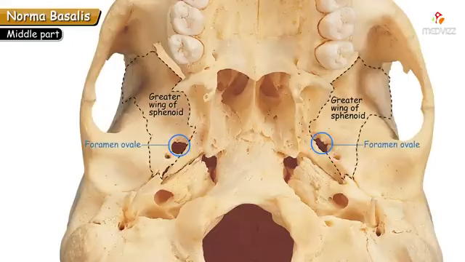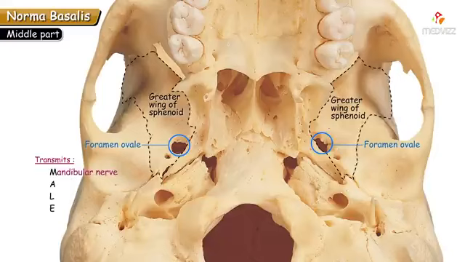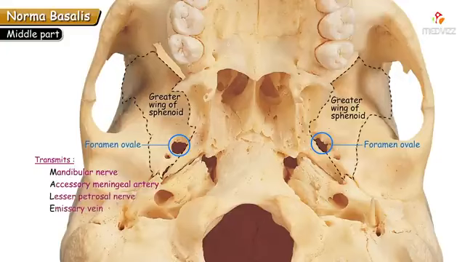One is the foramen ovale, which is very prominently seen and oval in shape, so it is called foramen ovale. To remember the structures passing through this foramen ovale, we can make a mnemonic as MALE, M-A-L-E. M stands for mandibular nerve, A for accessory meningeal artery, L for lesser petrosal nerve, and E for emissary vein. So, these are the structures passing through foramen ovale.